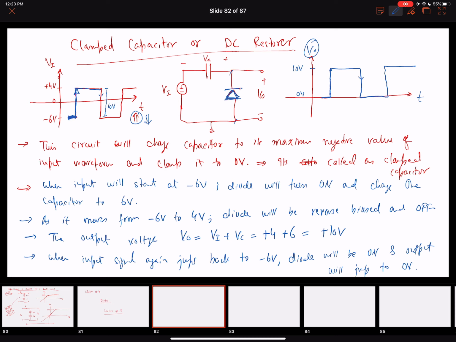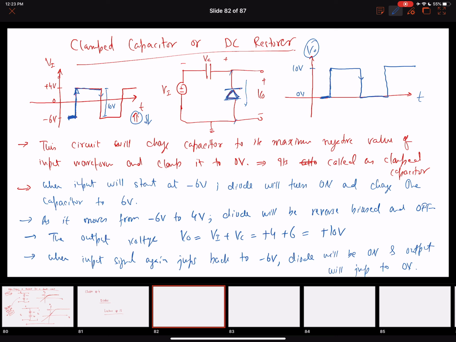Now during this time the diode was again on and a short circuit, so the potential drop across it was 0. When it was moving from minus 6 to 4 volts, it became open circuit, and the total potential drop across it was a summation of the Vi and the Vc, and the total comes out to be 10 volts.